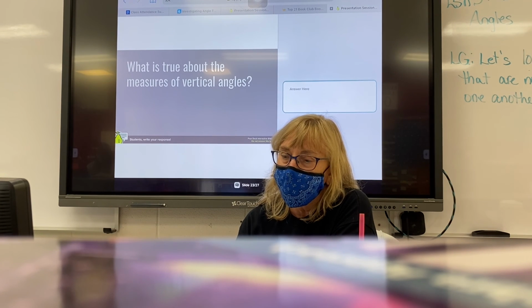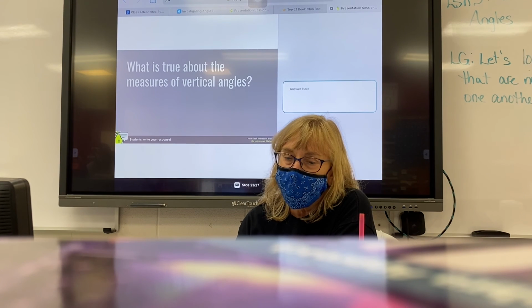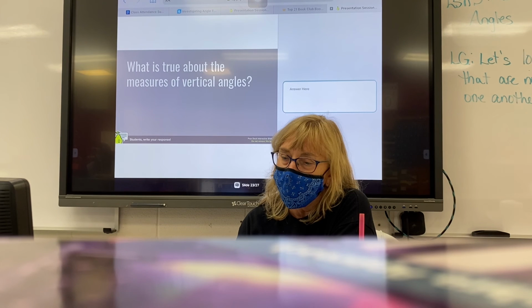I love the vocabulary. We've got some math vocabulary in here. Good job. I only got 8 people responding. What is true about the measures of the vertical angles?